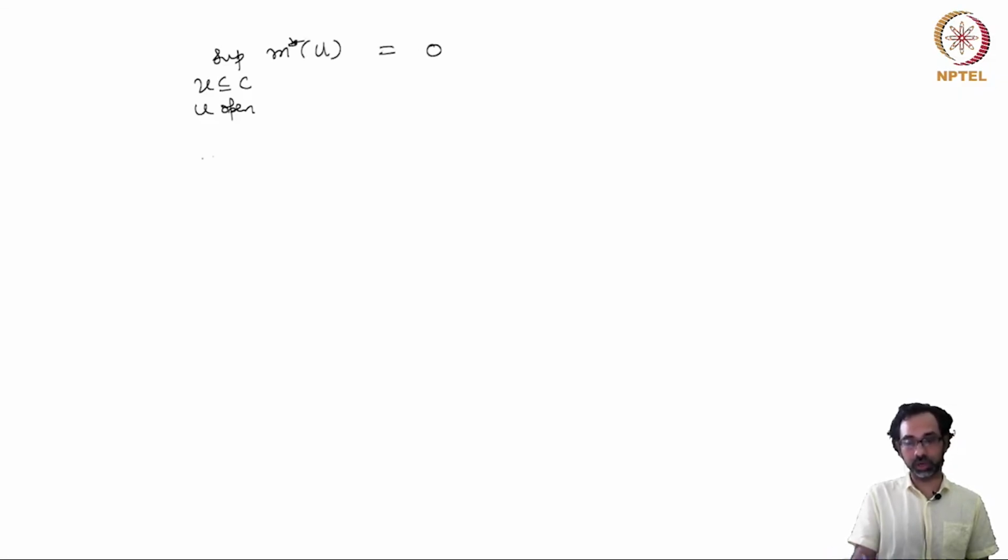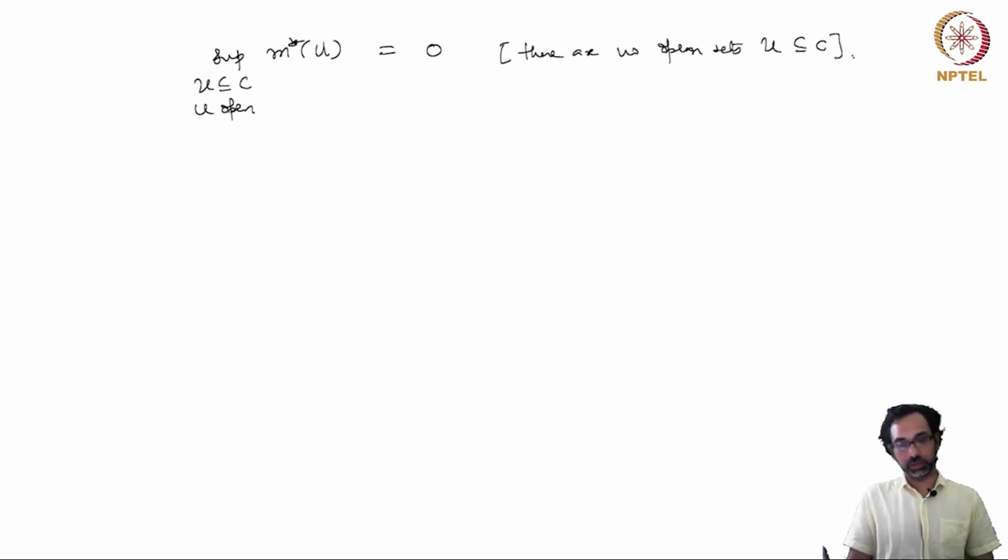Now if we take the supremum over U inside C, U open, of m star U, then we will get 0, because there are no open sets U sitting inside C, except of course the empty set.